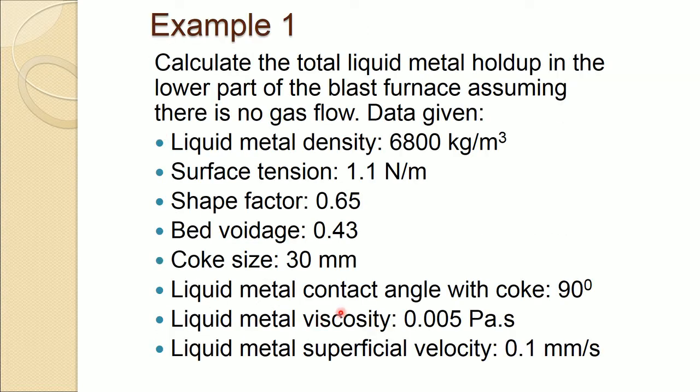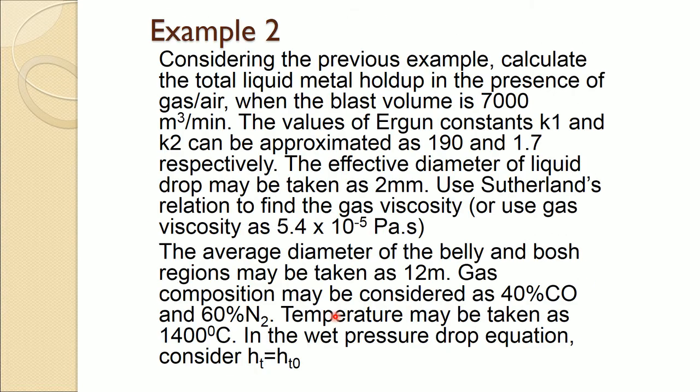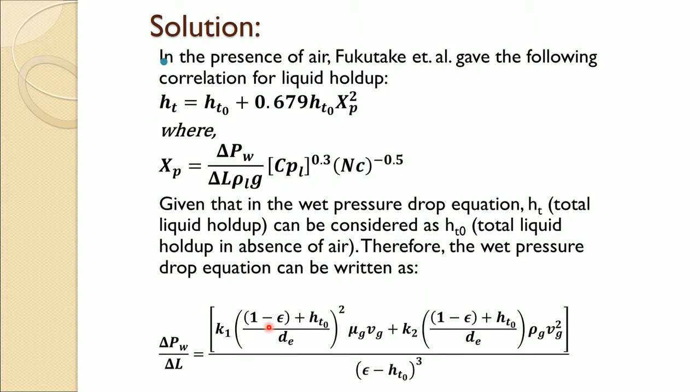So, let us see how we go with it. Now, you also need the gas velocity, which is not given, but the volume is given. So, with this volume and this diameter, you may be able to calculate the superficial gas velocity. So, let us see.